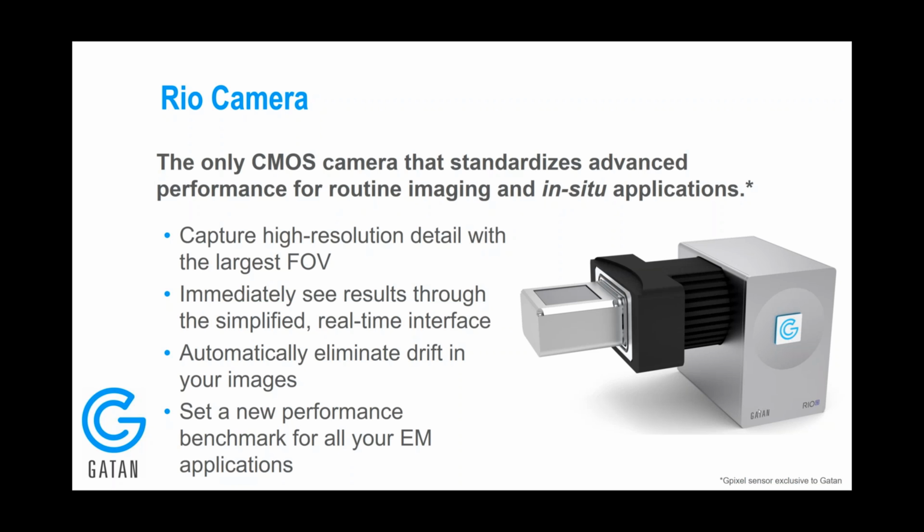And one of the reasons I say that is the automatic drift correction option that is standard for the Rio camera, as well as it was for our other camera, OneView. I will show you examples of this. And another point that I want to make is that having the Rio camera allows you to set a benchmark for many other different types of applications in your lab.